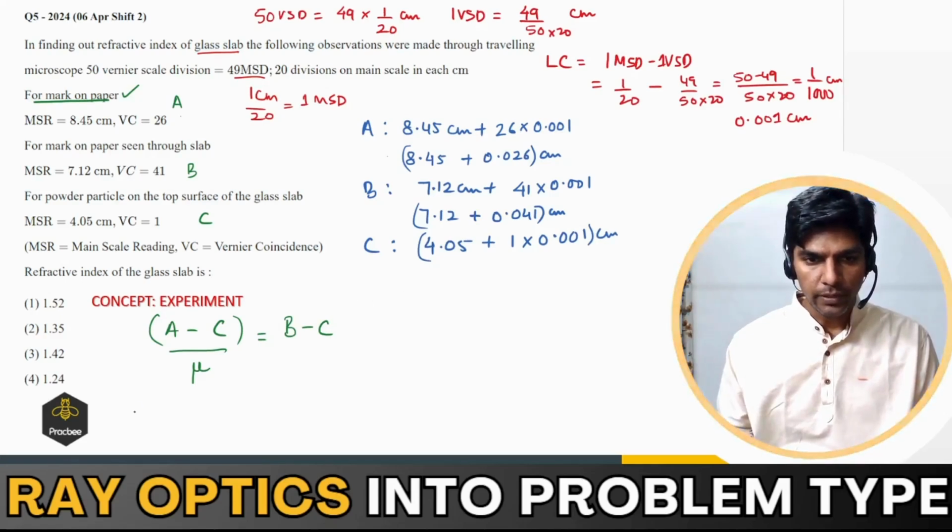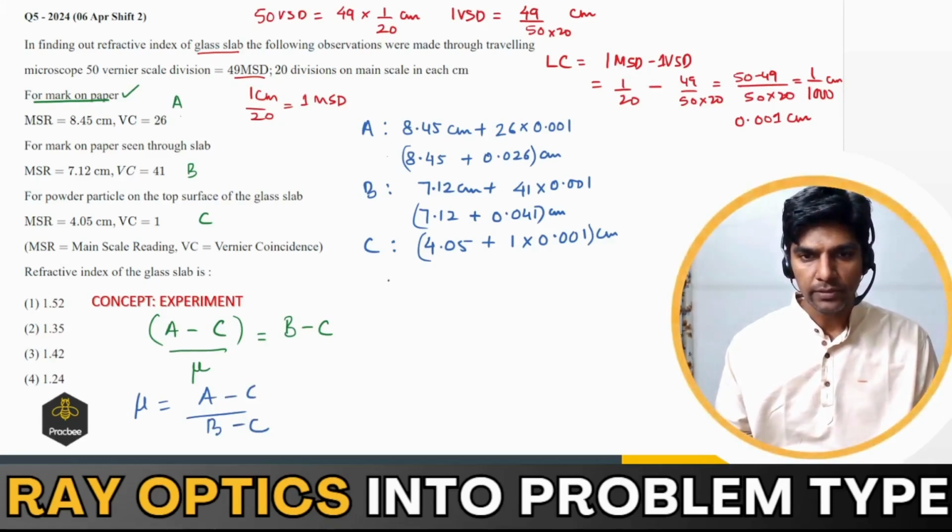Now mu will be nothing but A minus C divided by B minus C. So A minus C will be 8.45 minus 4.05 plus 25 times 0.001, right?